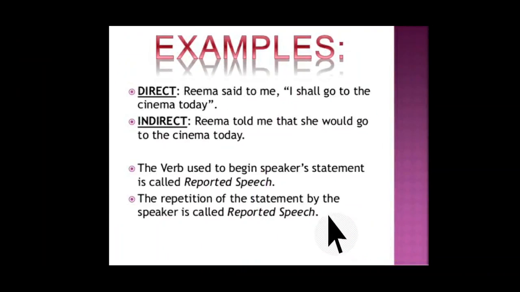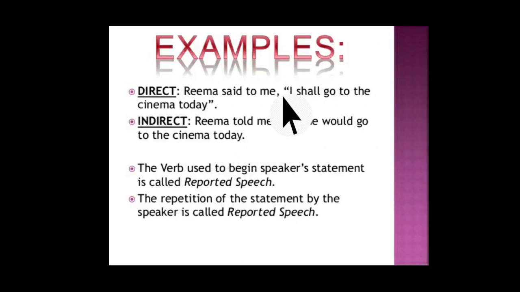For example, direct speech: Rima said to me, inverted commas start, I shall go to cinema today, full stop, inverted commas close. अब इसकी indirect form क्या आएगी? Indirect form: Rima told me that she would go to the cinema.